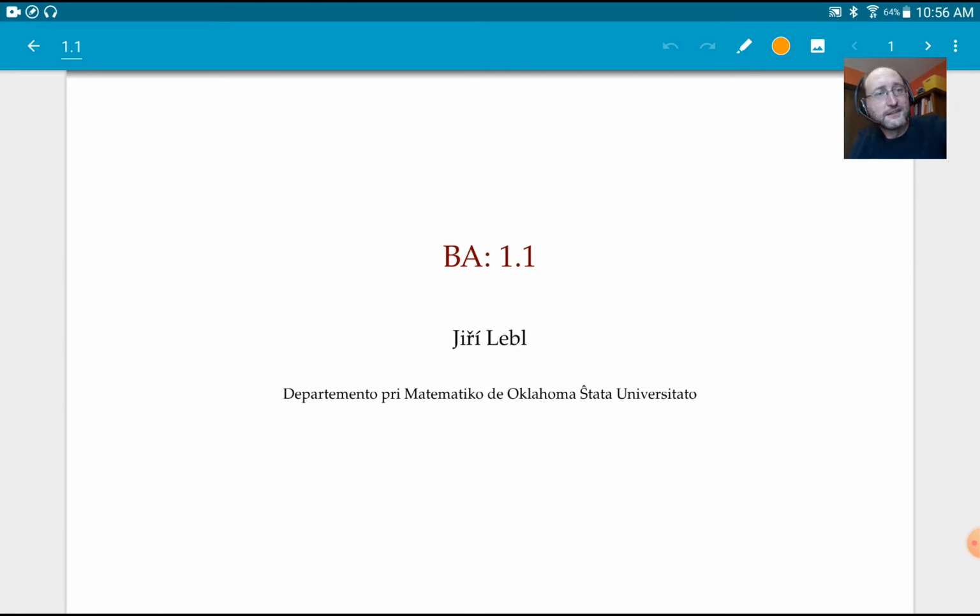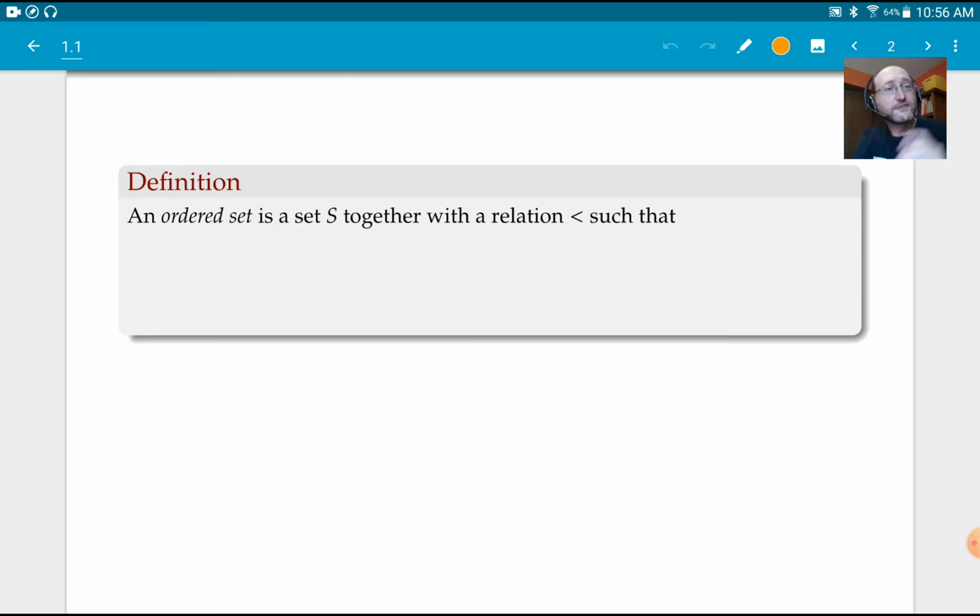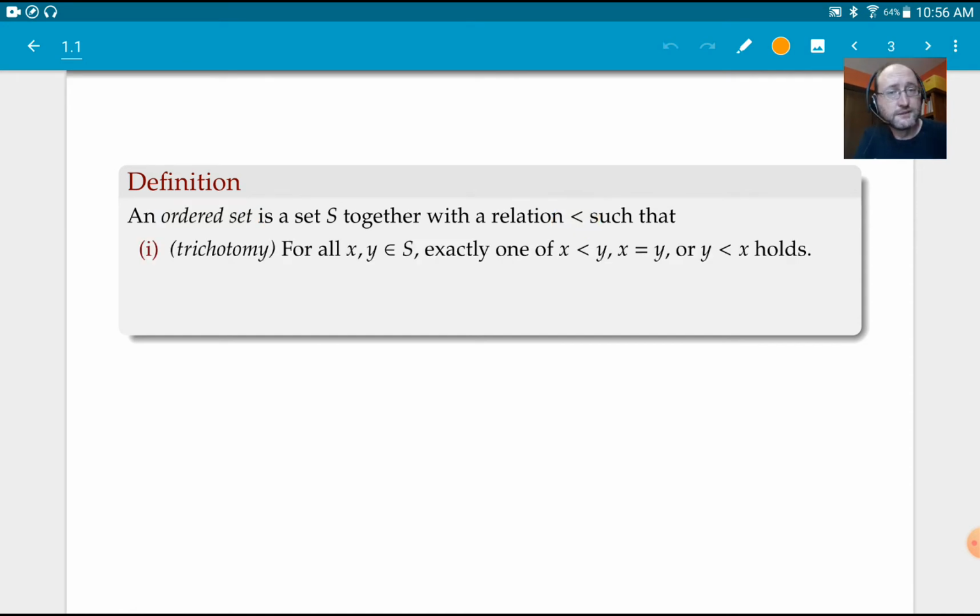All right. So we're going through 1.1. What we're trying to do is go through some of the abstract properties of the real numbers. So we're just defining them abstractly, not necessarily just for real numbers. For example, we define an ordered set as a set with a relation less than, and this relation is supposed to satisfy trichotomy.